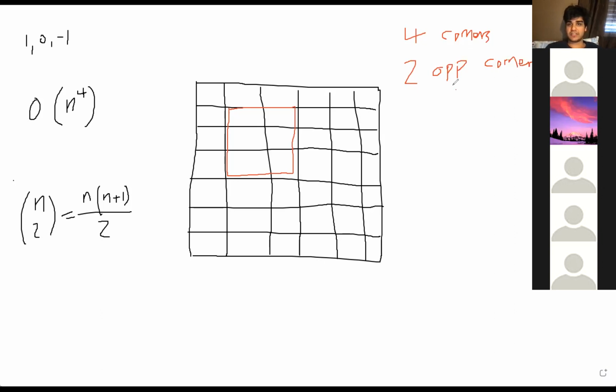But one nuance here is having the 2 opposite corners still gives you 4 pieces of information. It gives you 2 x and y coordinates. So we can just think about it in terms of corners, because that is what the 4 pieces of information are.